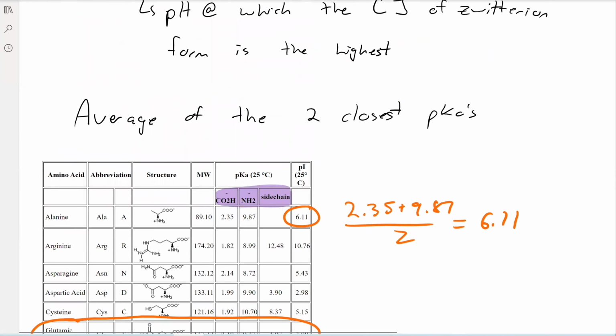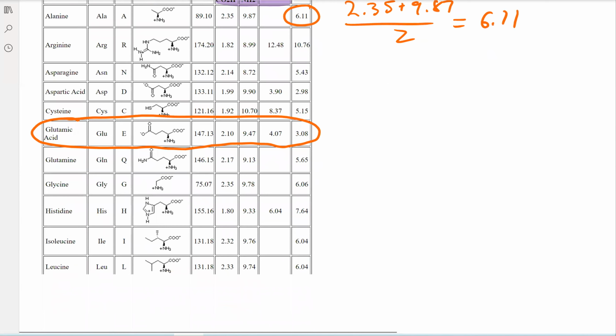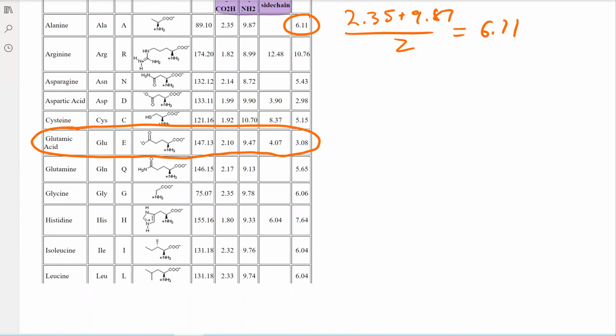So the PI is the average of the two closest pKa's. So for this compound, we have pKa's 2.10, 9.47, and then 4.06, right? My bad, sorry, I had a little bit of a brain fart.